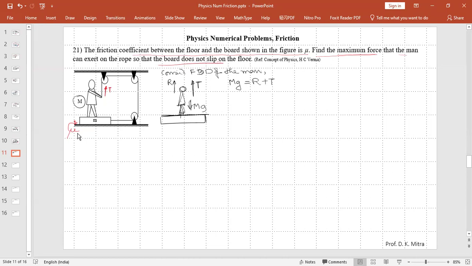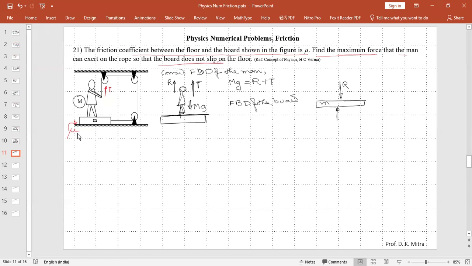Then we take the free body diagram of the board only. This is the board of mass small m. If the board applies a reaction capital R on the man, the man applies a reaction R downward on the board. And there is a floor below.